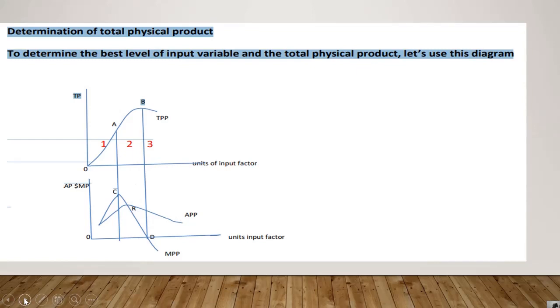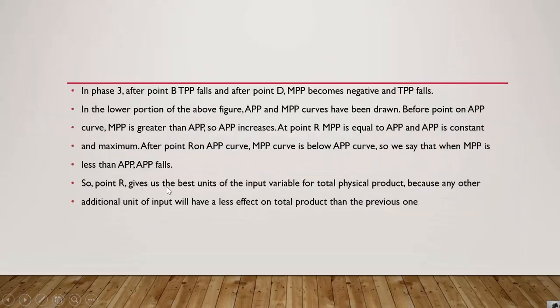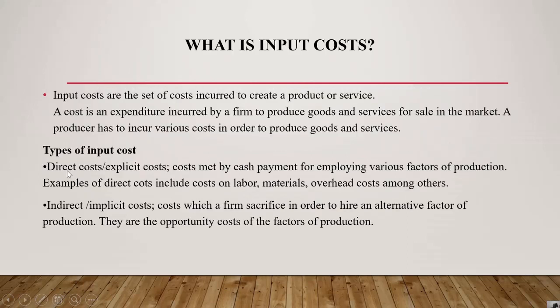So we are saying at that point R, it gives us the best unit of the variable input for the total physical product, because any other additional unit of input will have a less effect on total product than the previous one. Input costs are other things we want to look at.